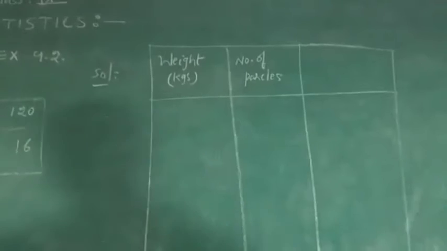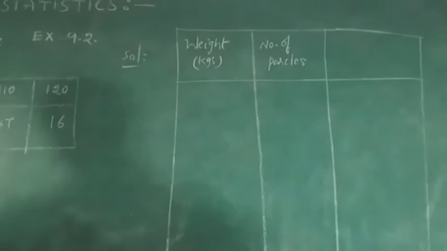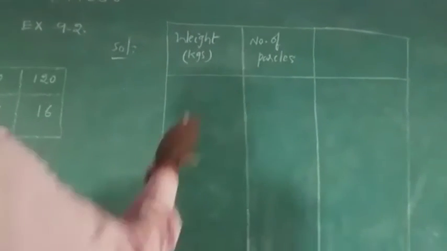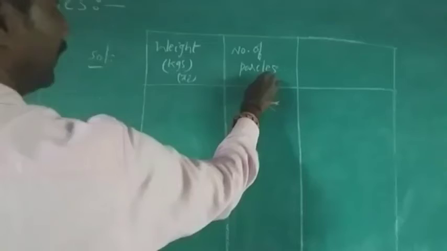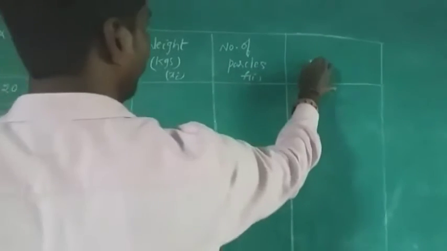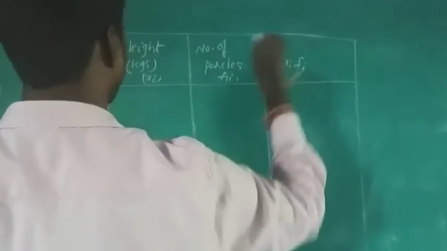The weight given here is xi, and the number of parcels is fi. We write xi fi.